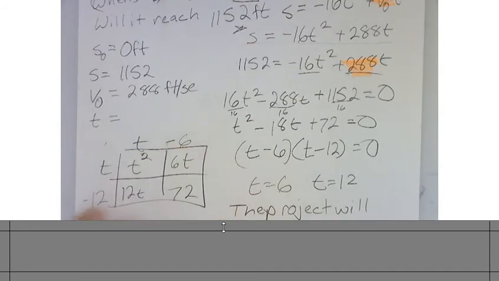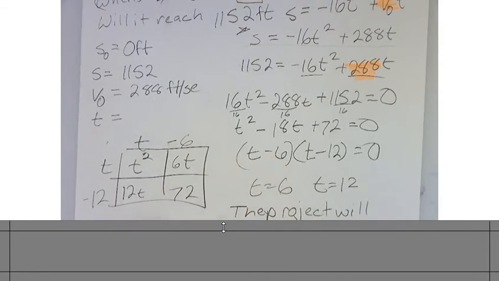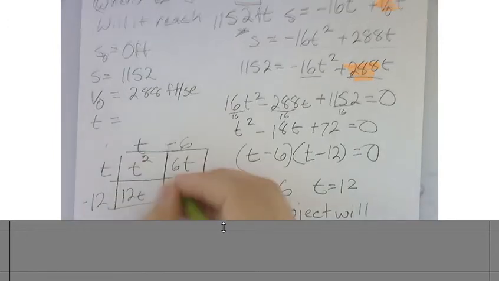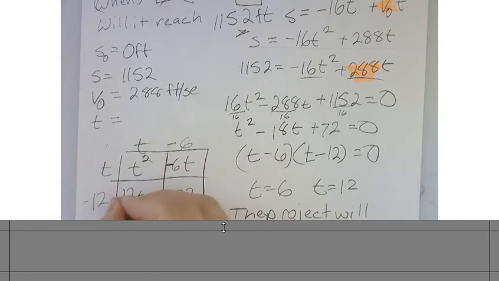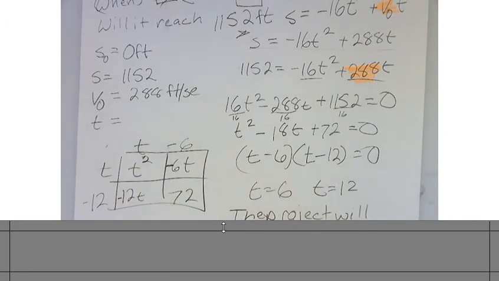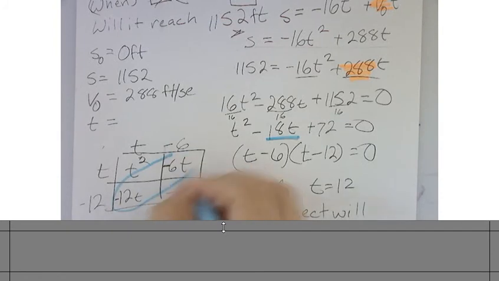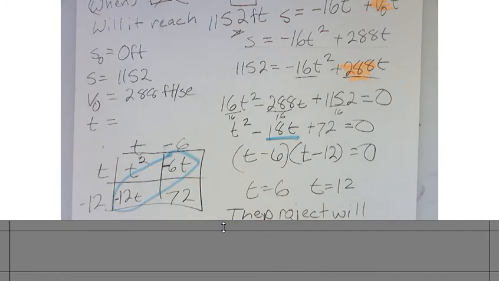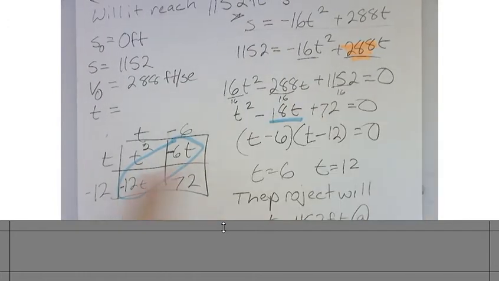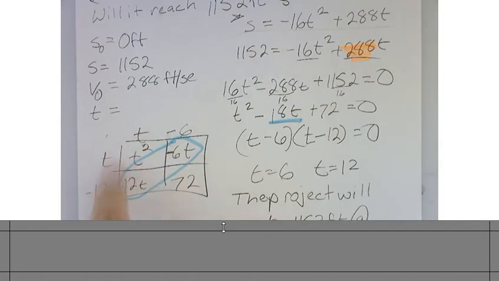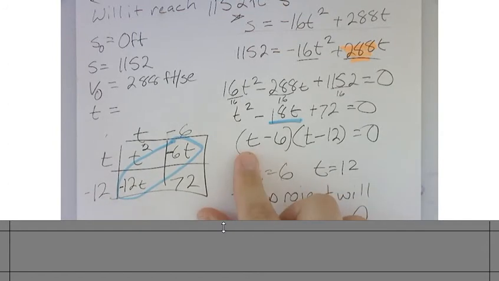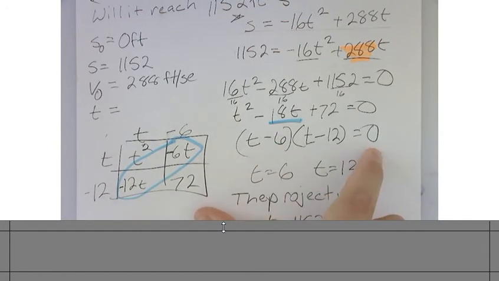So here's the thing. 6 times 12 is 72, but the reason we're making it negative 6 and negative 12 is I need this number to be negative and this number to be negative, because when I add them up, I want them to equal negative 18. Well, if that's the case, I can get this quadratic equation by multiplying t minus 6 times t minus 12, which is, you write it out this way, we factored it.